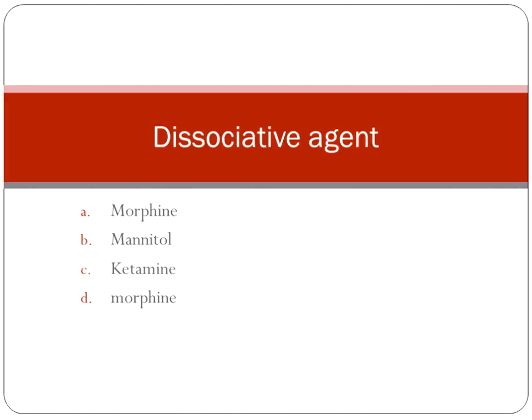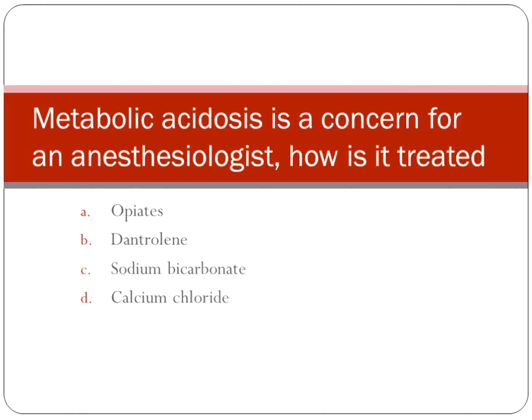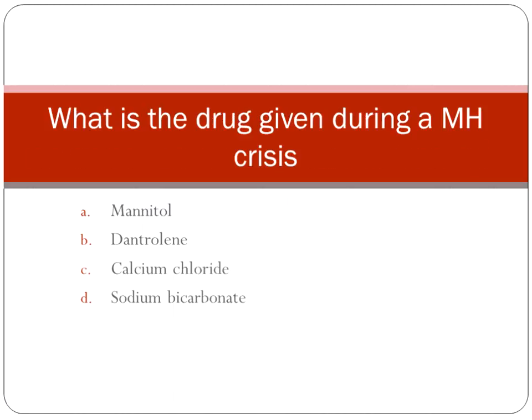Which of the following medications is considered a dissociative agent? Metabolic acidosis is a concern for an anesthesiologist. Which drug below is used to treat it? What is the drug given during an MH crisis?